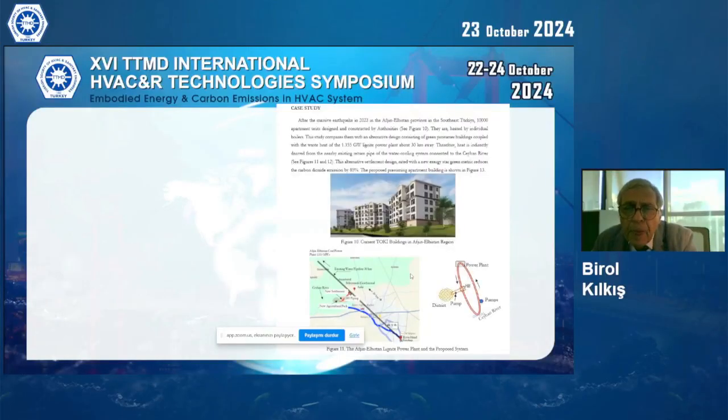Another case study: the current TOKİ buildings in Afşin Elbistan are about 3 to 4 kilometers away from the return piping of the Afşin Elbistan power plant.